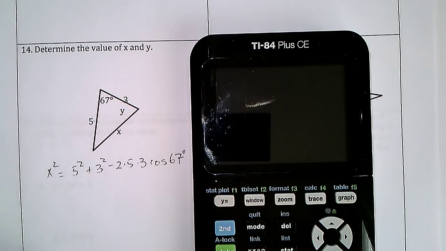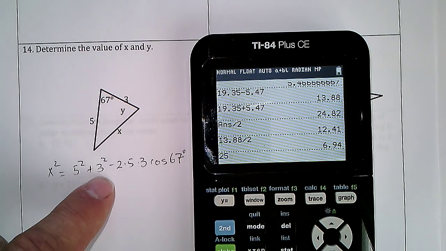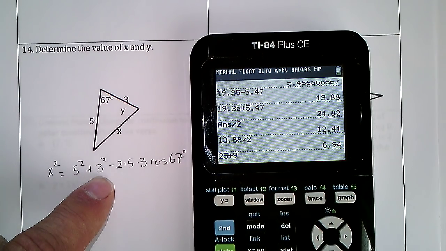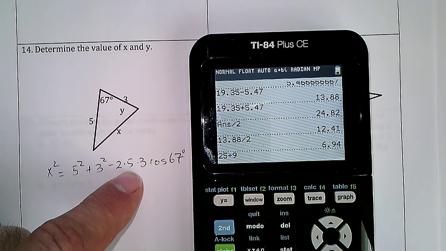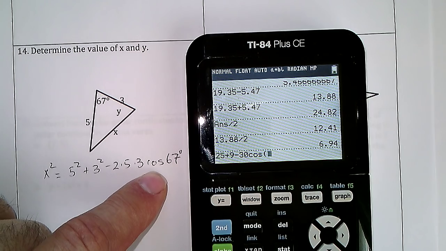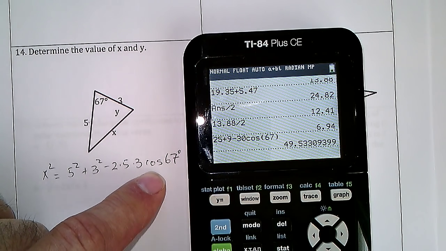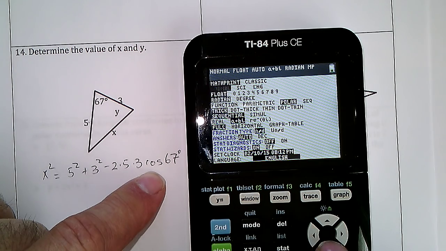So working that out, 25 plus 9 minus 30 cosine 67. And I better make sure I'm doing degrees. Nope.